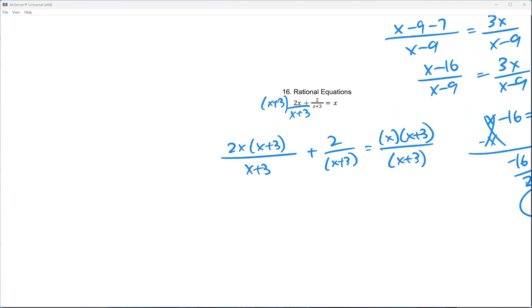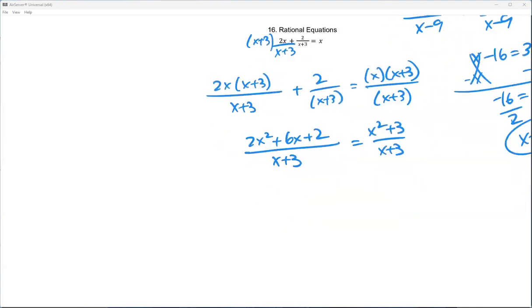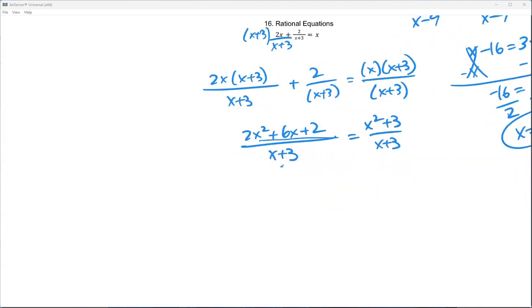When you combine everything, it will be 2x squared plus 6x plus 2 over x plus 3 equals x squared plus 3 over x plus 3. Once you get a common denominator, you could just use the numerator as one equation. So it'll be 2x squared plus 6x plus 2 is equal to x squared plus 3.